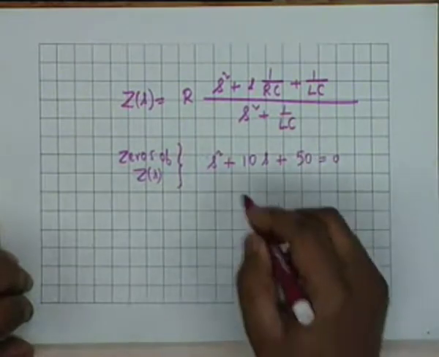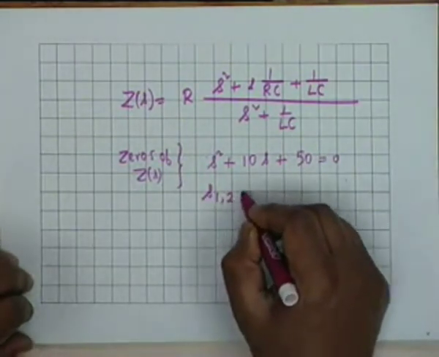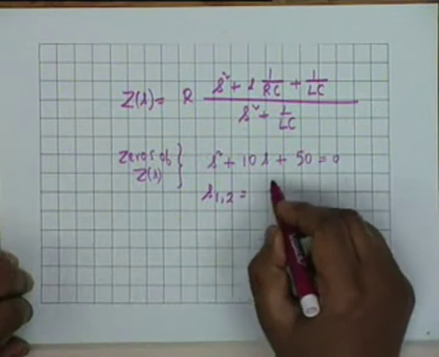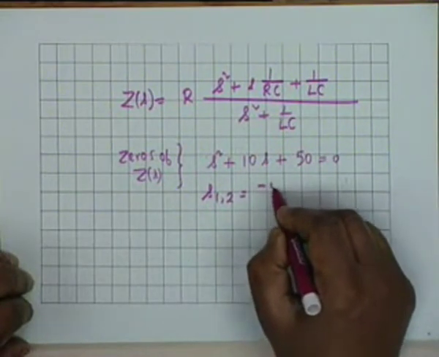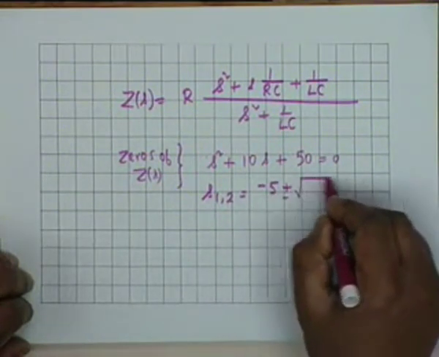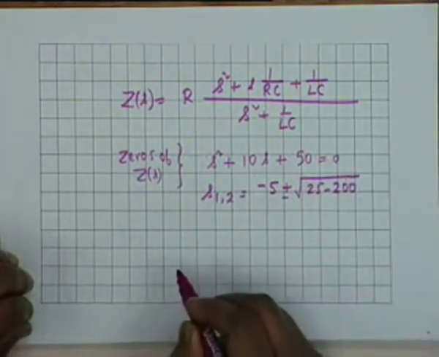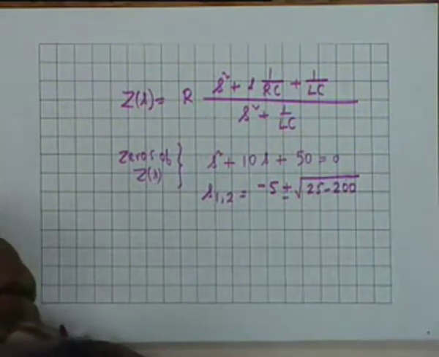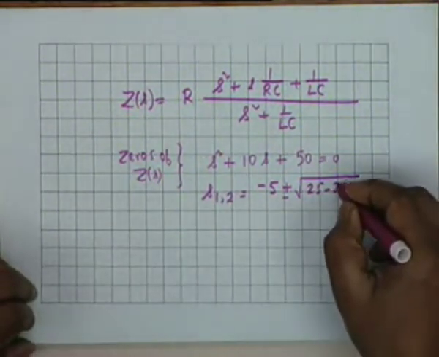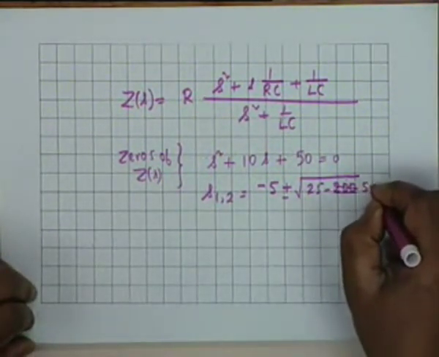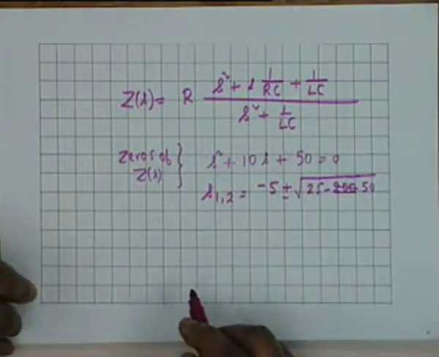These are the 2 zeros. S1,2 equals minus 5 plus minus the square root of 25 minus 50.